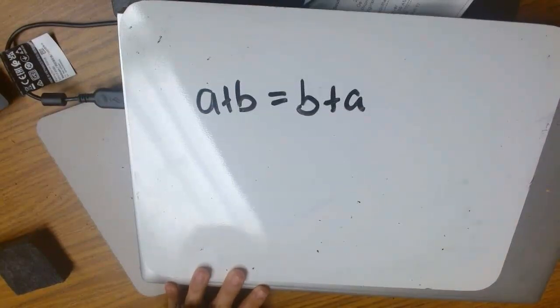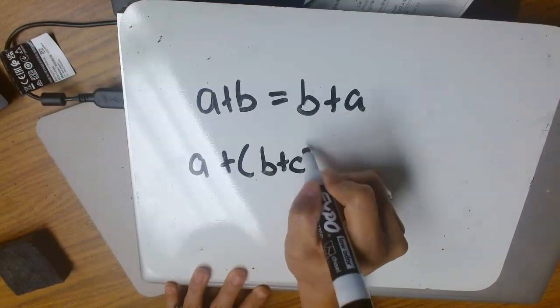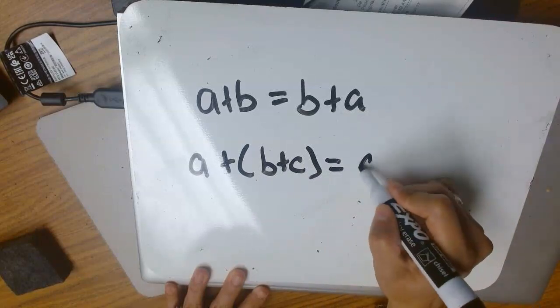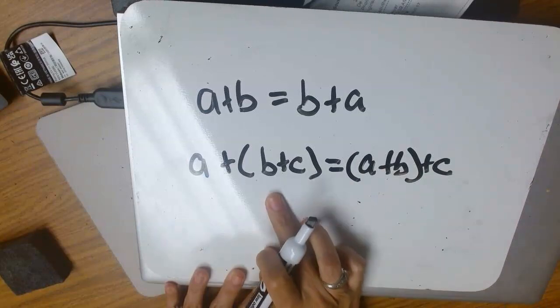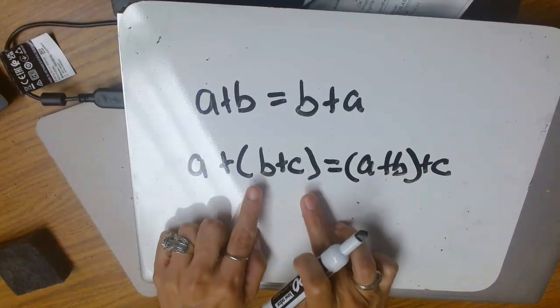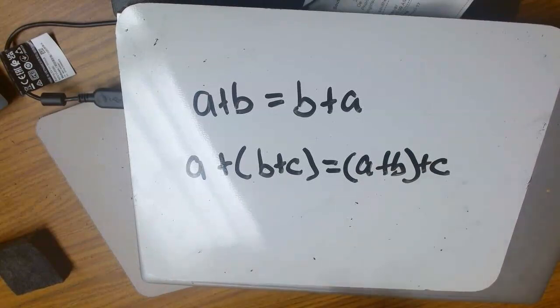And if you'll recall, the associative property of addition is a plus (b plus c) equals (a plus b) plus c. So what changed? The parentheses. It went from bc to ab. That is considered the associative property of addition.